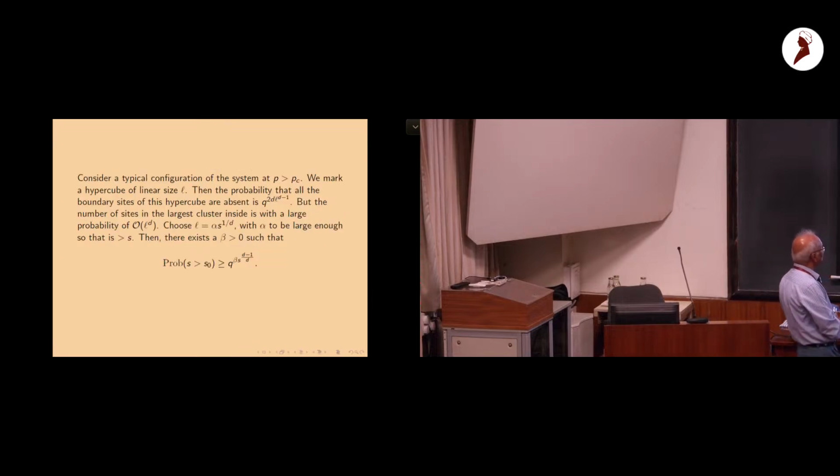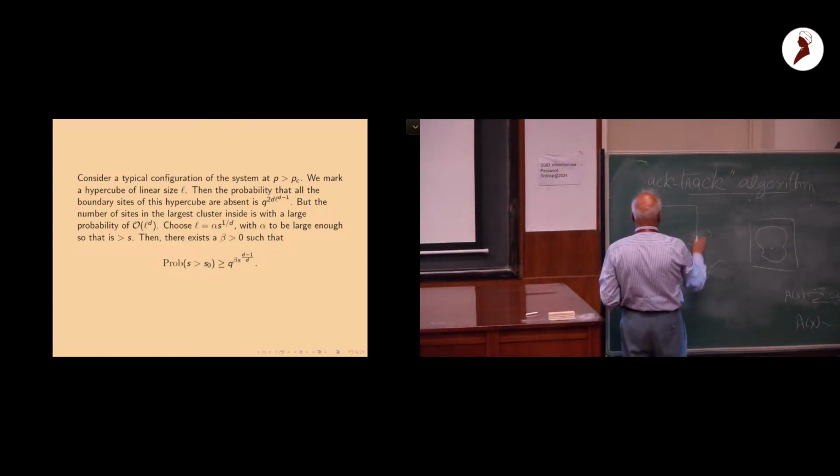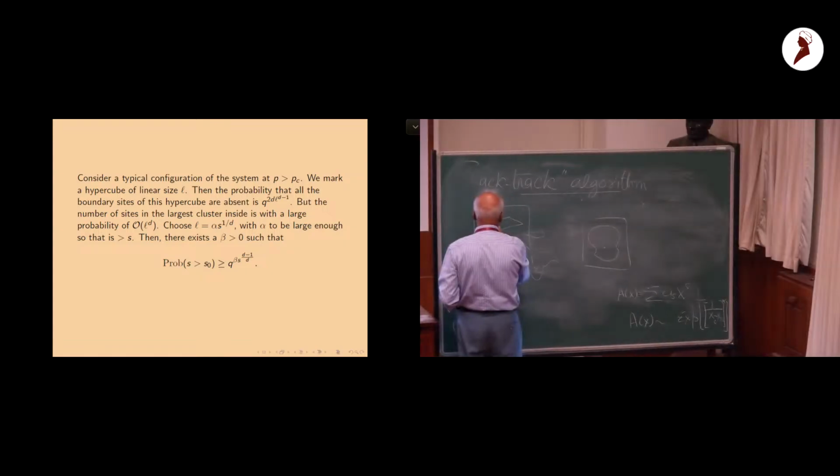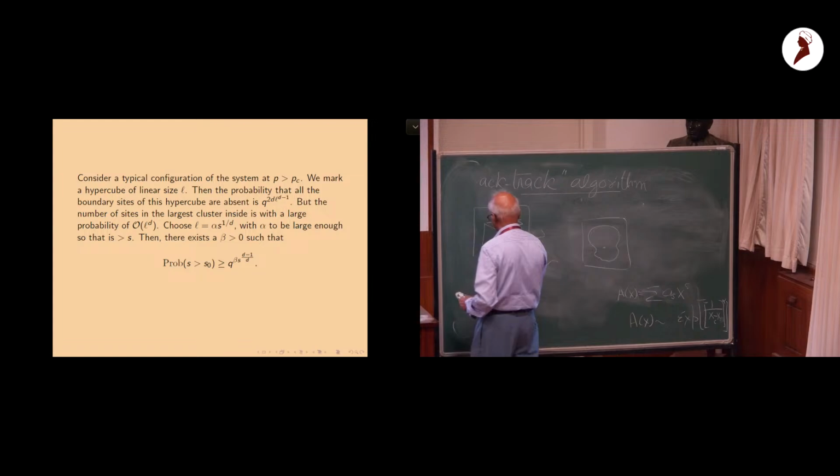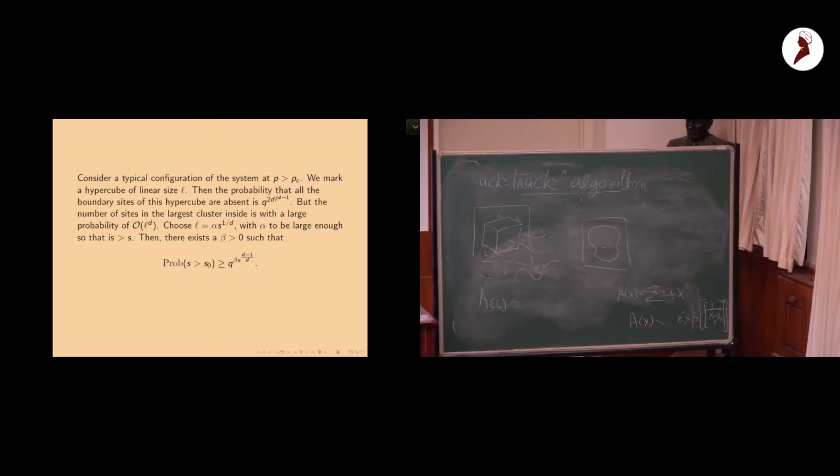Consider a typical configuration of the system at p bigger than pc. We are working in d dimensions. And I just take a hypercube of linear size L, and by hand say that all the perimeter, all the boundary sides of this hypercube are absent.